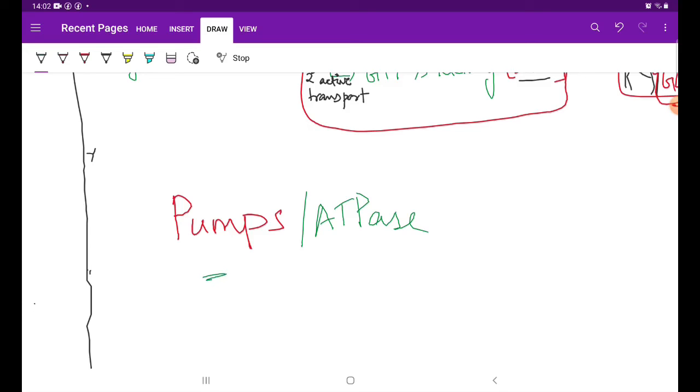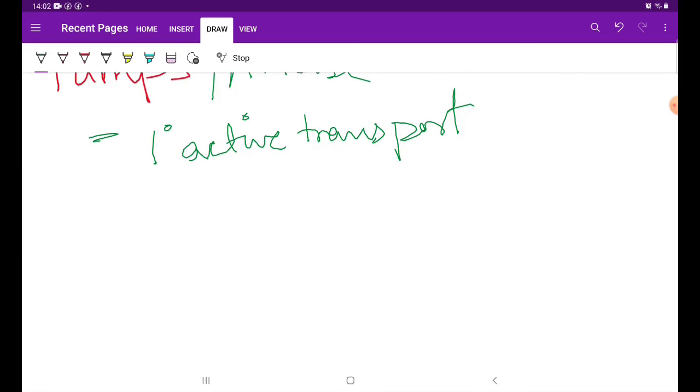It's a carrier of primary active transport, and here they bind and break down the ATP molecule and utilize that ATP directly.